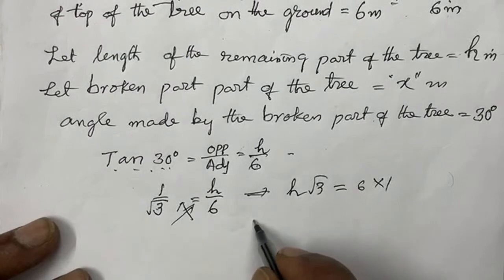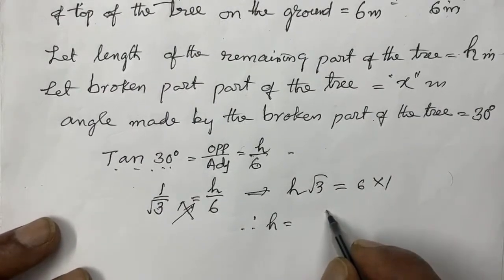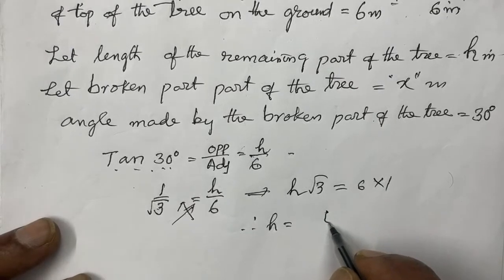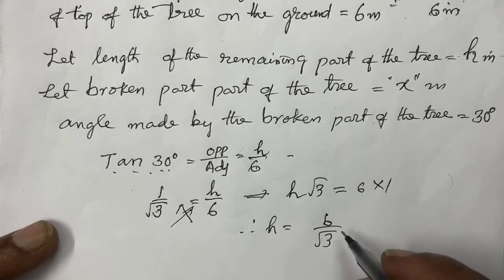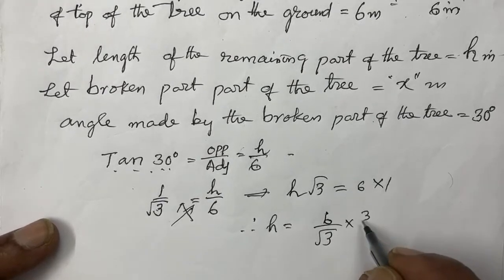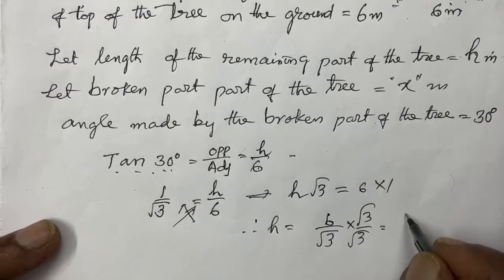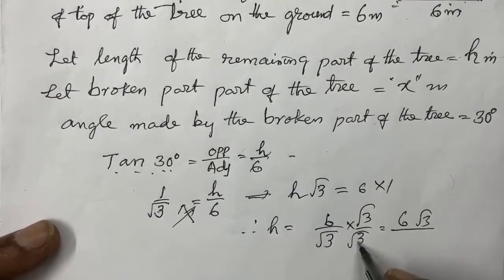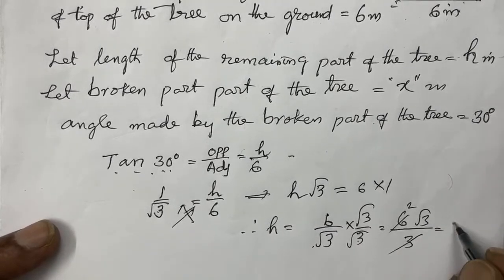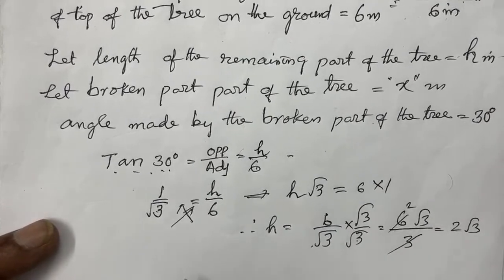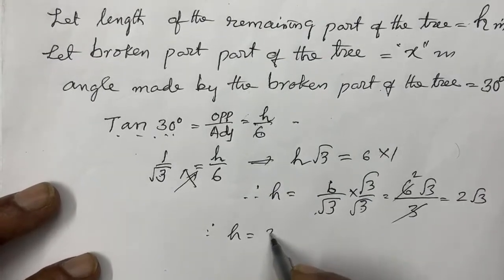Therefore h equals 6 by root 3. Because of the root 3, we rationalize on both sides. 6 root 3 over root 3 into root 3, which is 3, and 6 by 3 is 2, so we get 2 root 3. Therefore h equals 2 root 3.